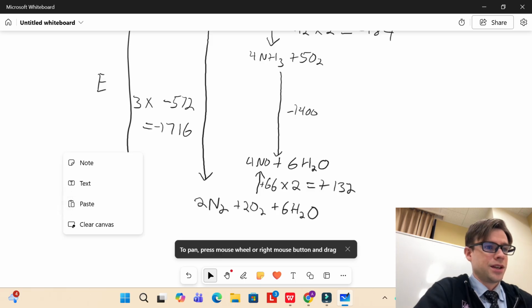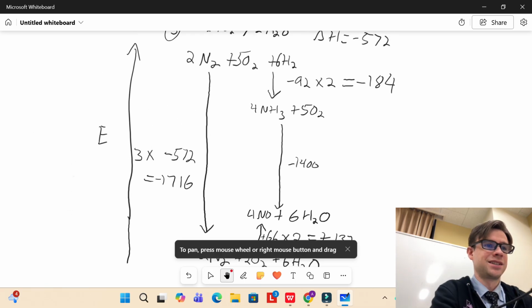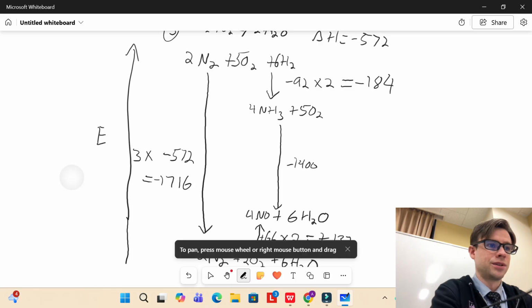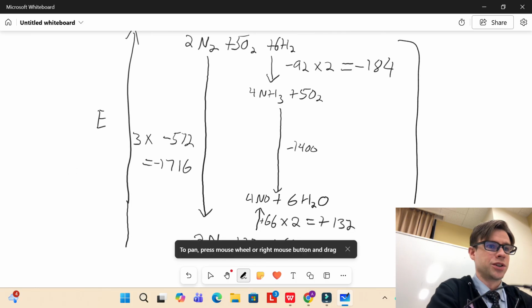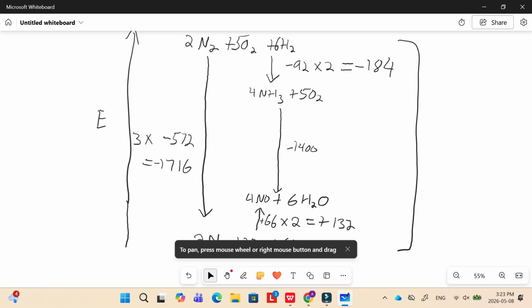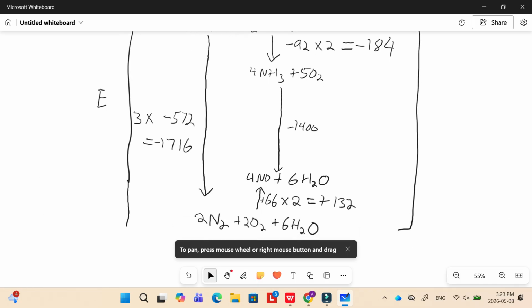And what you'll find is that the height of this right side, the whole height of this diagram, which must be 184 plus 1400 plus 132. When you're considering the height, you don't need to consider the signs or the directions of the arrows.